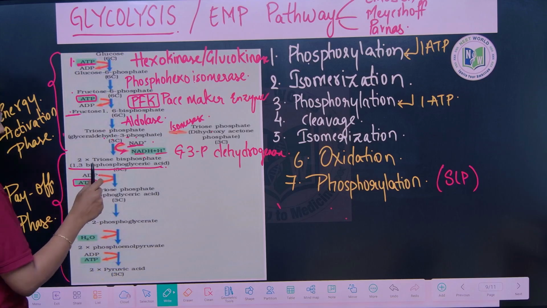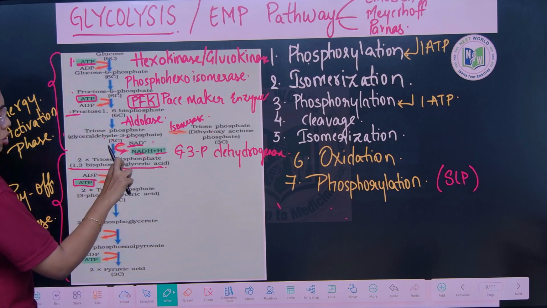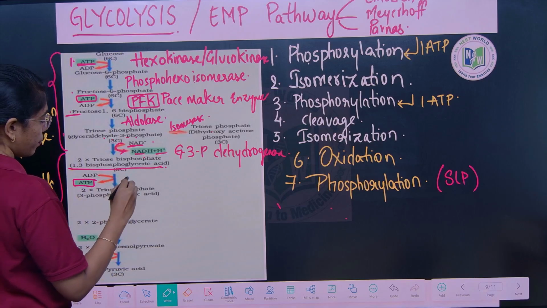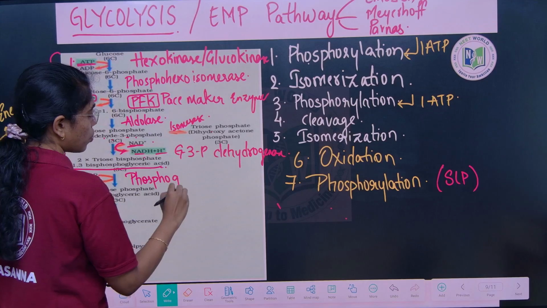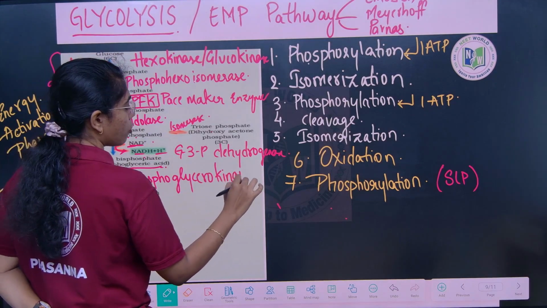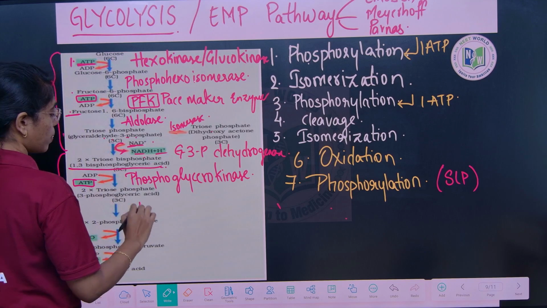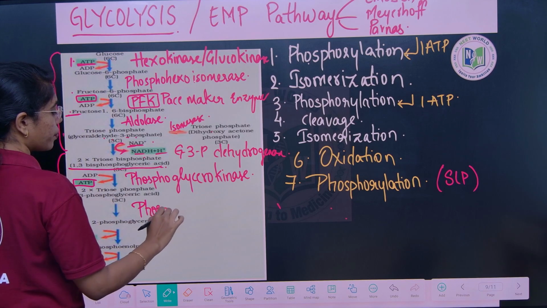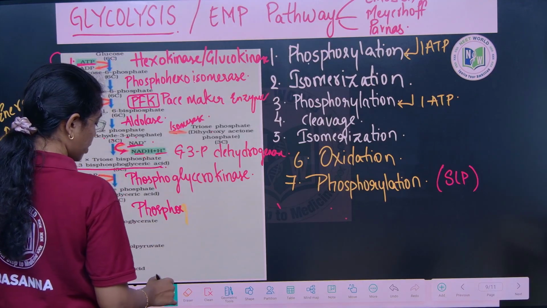And then 3-phosphoglyceric acid is formed. So this step is catalyzed by phosphoglycerokinase. Next, 3-phosphoglyceric acid turns to 2-phosphoglycerate and this step is catalyzed by phosphoglyceromutase, phosphoglycerate mutase.